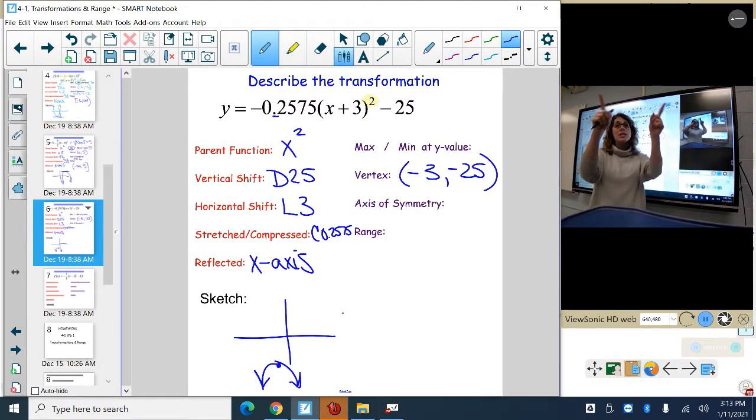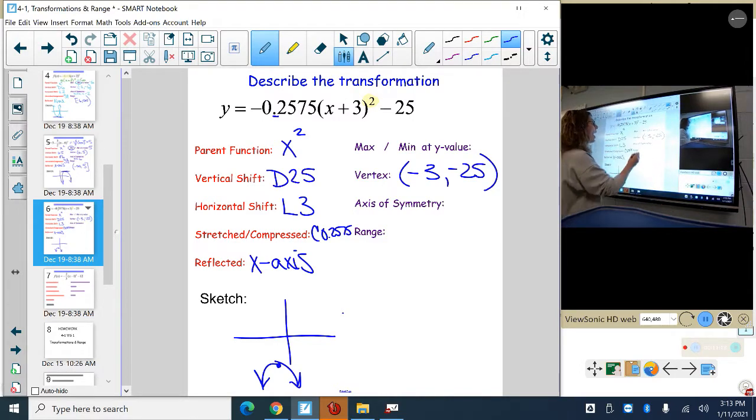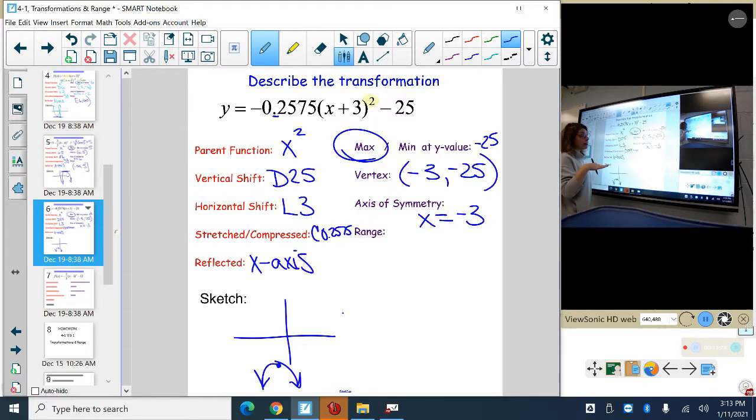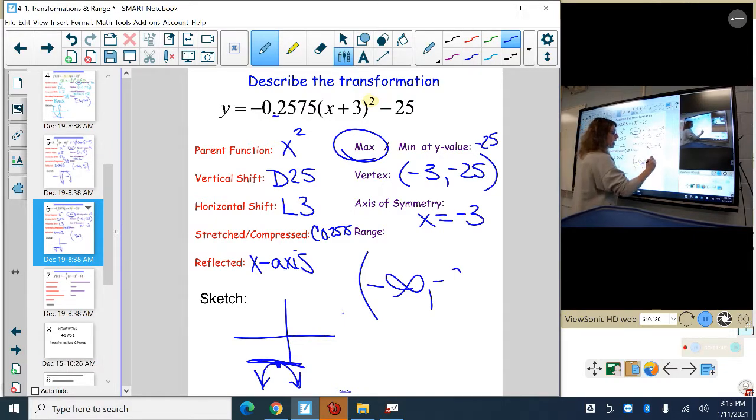So since it's opening down like a horseshoe, I have a maximum value at my y-coordinate of negative 25. My axis of symmetry is x equals negative 3, and I'm going to read my range from the bottom to the top. So I'm going to run into this thing at negative infinity, and I'm going to go all the way up to my maximum y value, which is negative 25, and it can be that value, which is why it is a bracket.